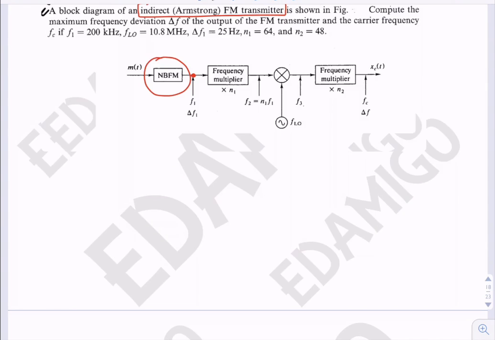So for simplicity let us assume that m(t) is equal to Am cos omega m t. Okay, it is just for the sake of simplicity.